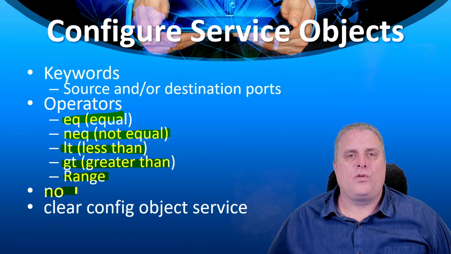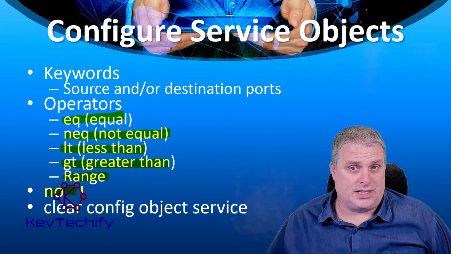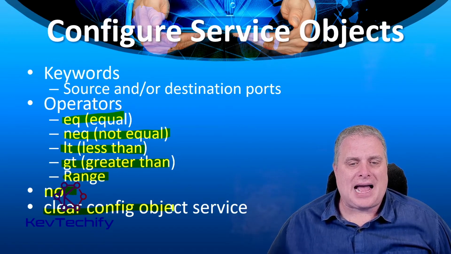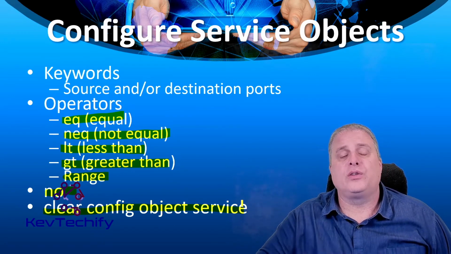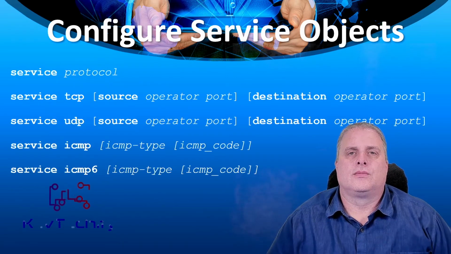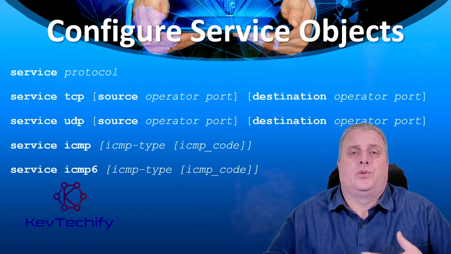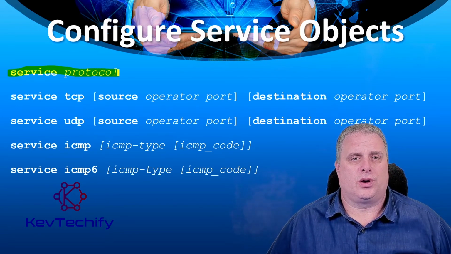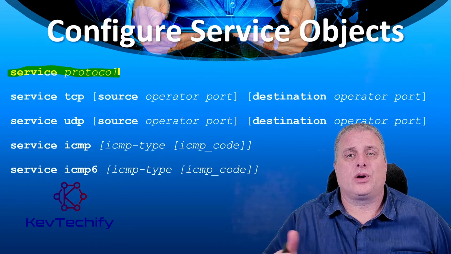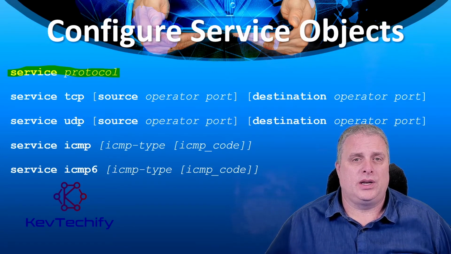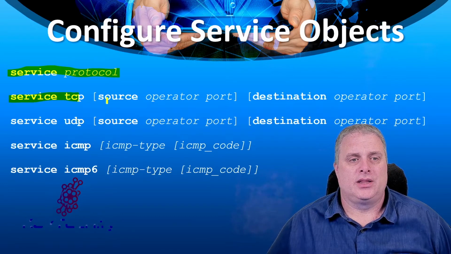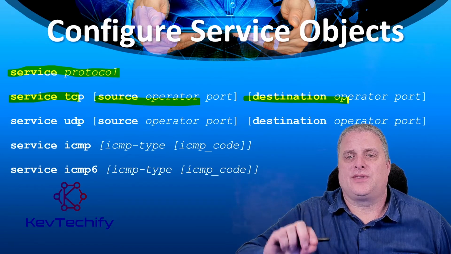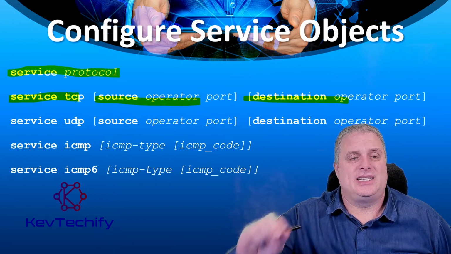Use the no form of the command to remove a service object. To erase all service objects, use the clear config object service, and that will get rid of all of your service objects. There are several ASA commands you're going to use with your service objects. First one here is service protocol, and this specifies an IP protocol name or number. The next one here is service TCP, and you put a source and a destination operator protocols in here, and this specifies the service object is a TCP protocol.